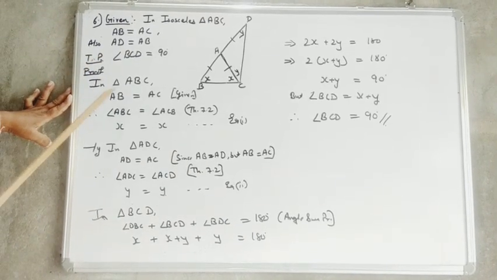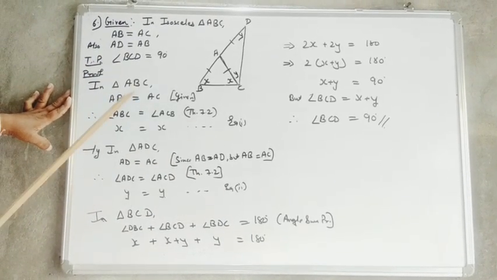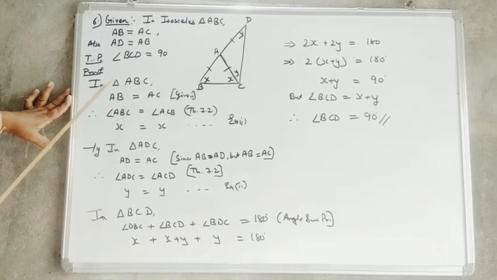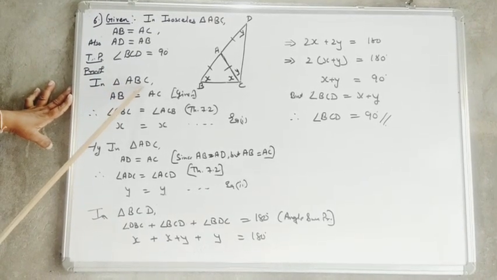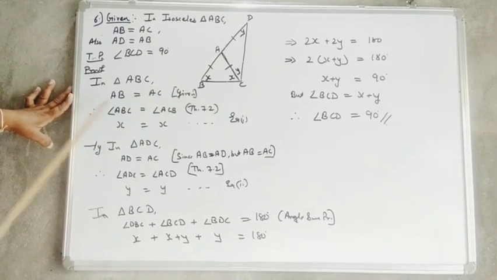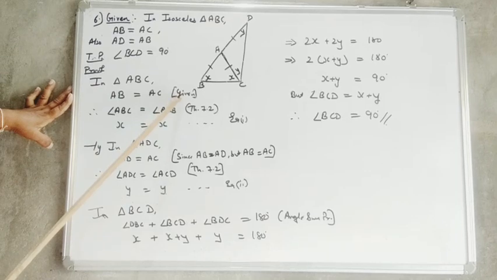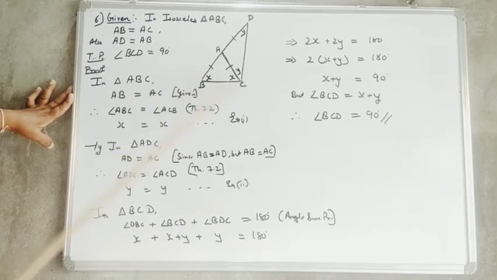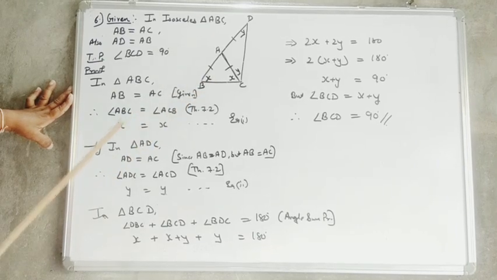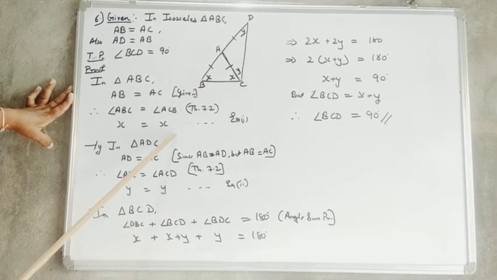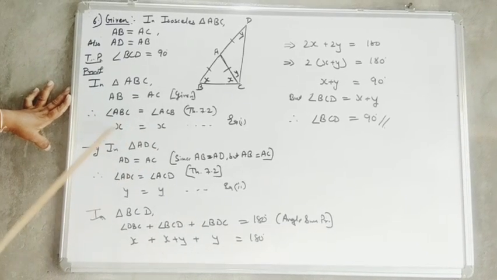So let us start with our theorems and congruency rules, and use them. Take first the triangle ABC, where both the sides AB and AC are equal. If both the sides are equal, I can say angle ABC and ACB will both be equal, and I have supposed it to be X for simplicity.